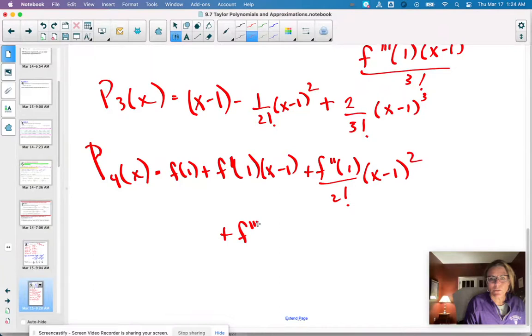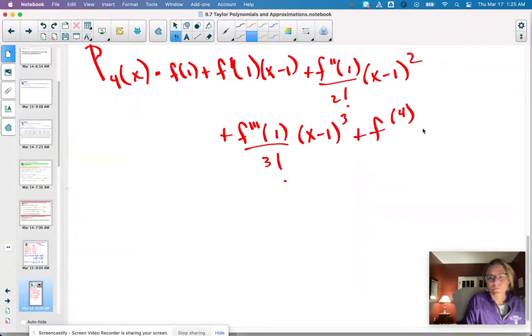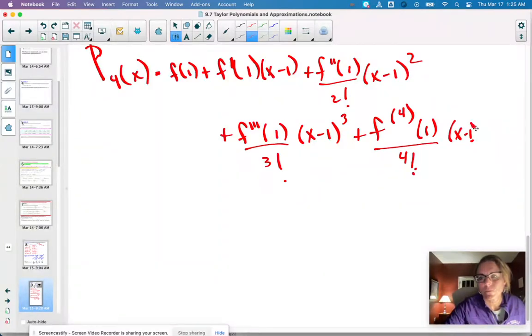Scroll down here, the third derivative, x minus 1 to the 4th.